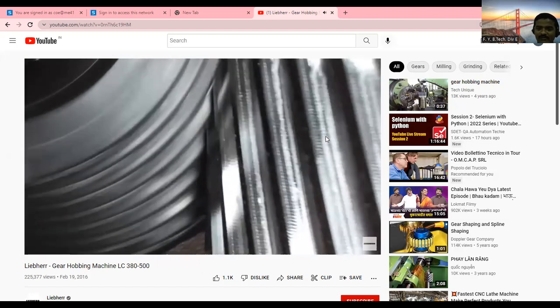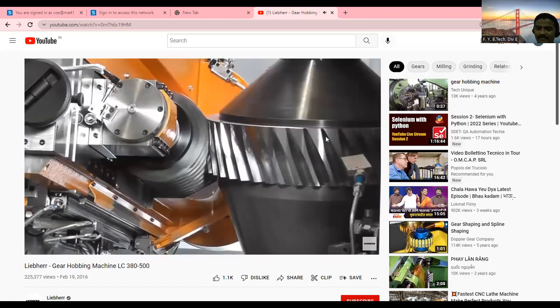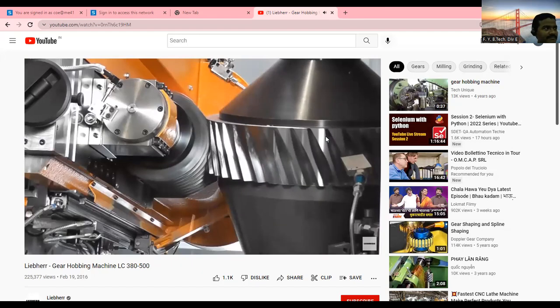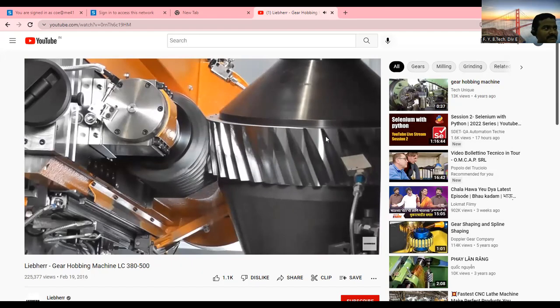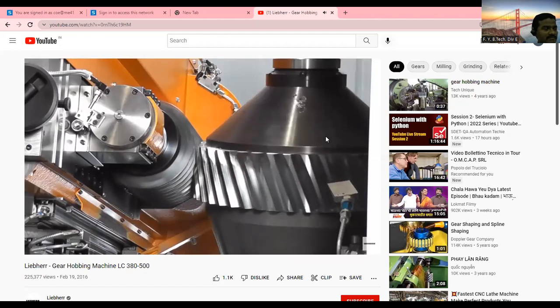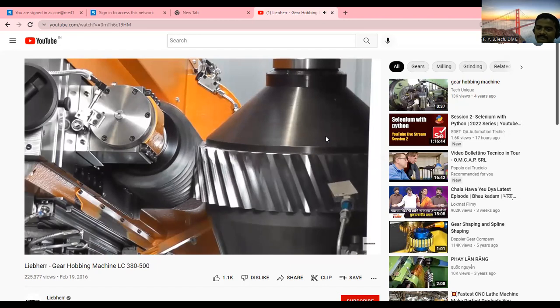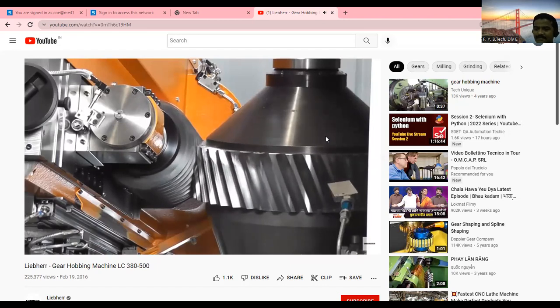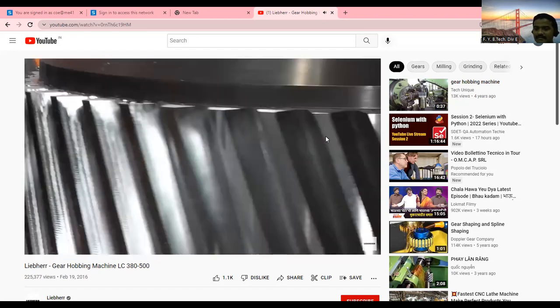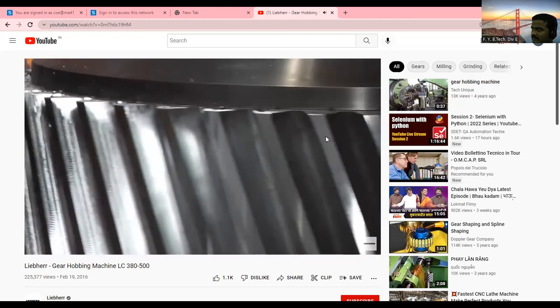I got appointed to work on this machine when I was in industry. Okay, got it, how the gear cutting is done.